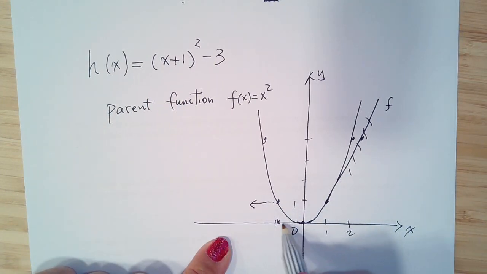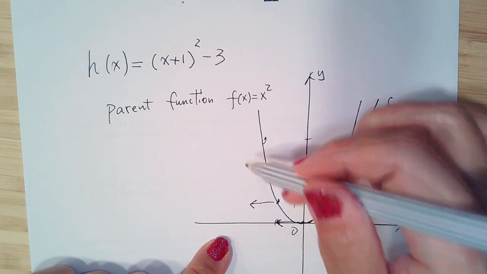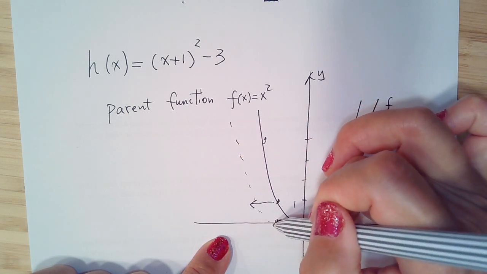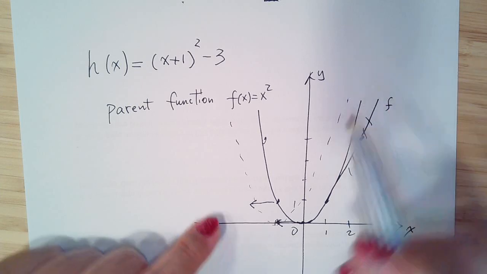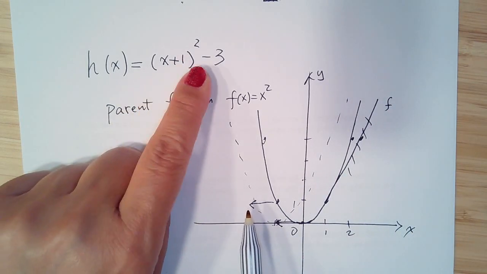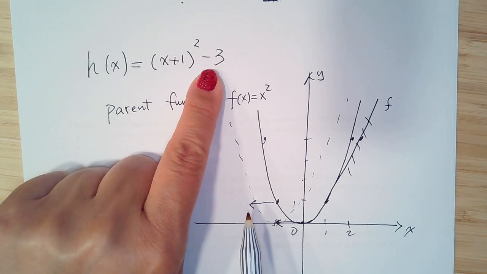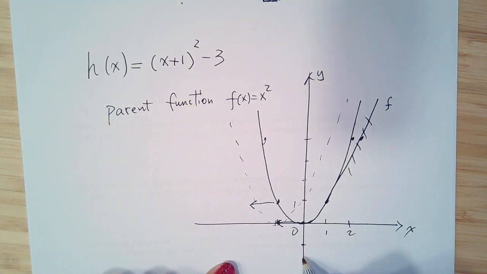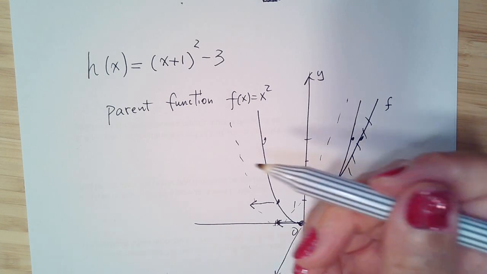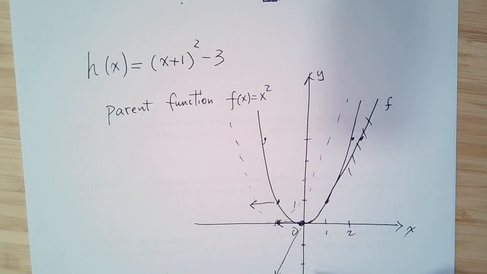And then after you do this, minus 3, so you have to drop down by 1, 2, 3. You do left by 1 and then down by 3. So that is your new graph.